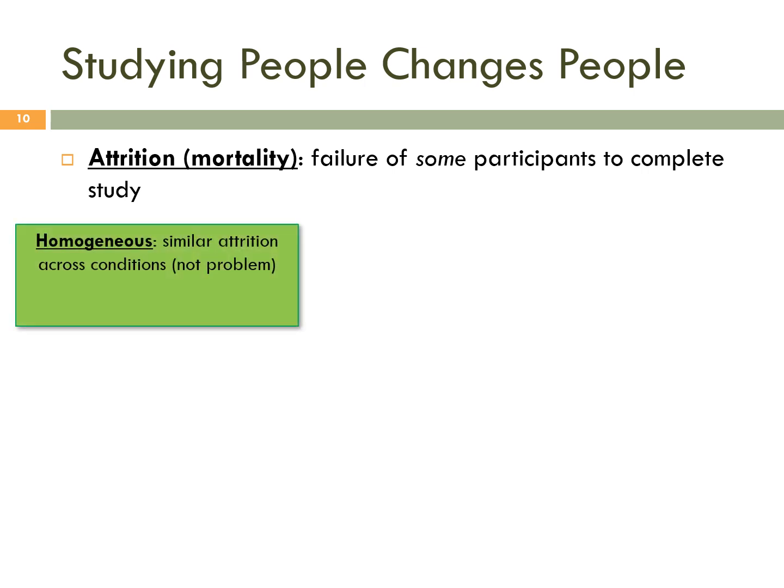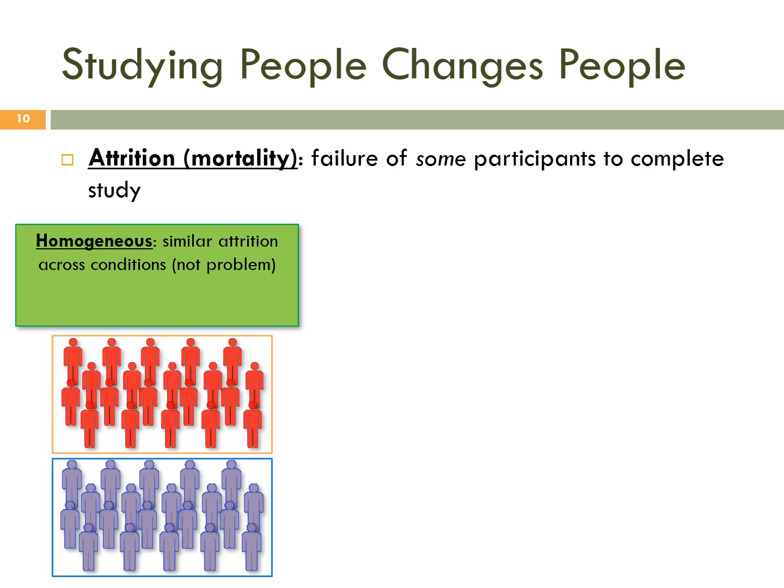The first is a homogeneous attrition across conditions. If you have multiple levels of your independent variable, so let's say we have a red group and a blue group, not necessarily red people or blue people, but just the red condition and the blue condition. They're going through some experiment that changes their color to red and blue, whatever. But we have two groups here. Homogeneous is when we have the same proportion of individuals falling out of either condition.